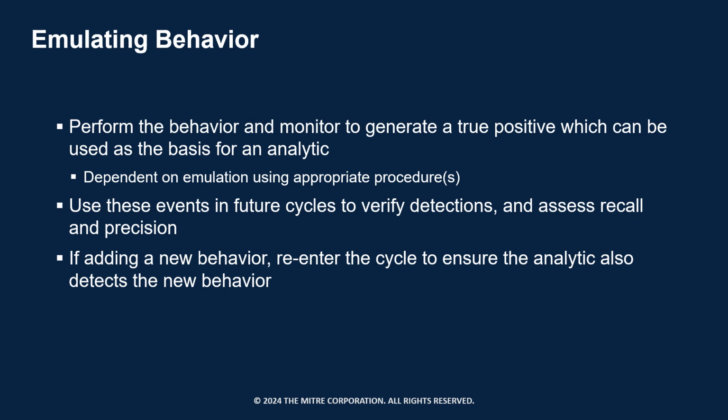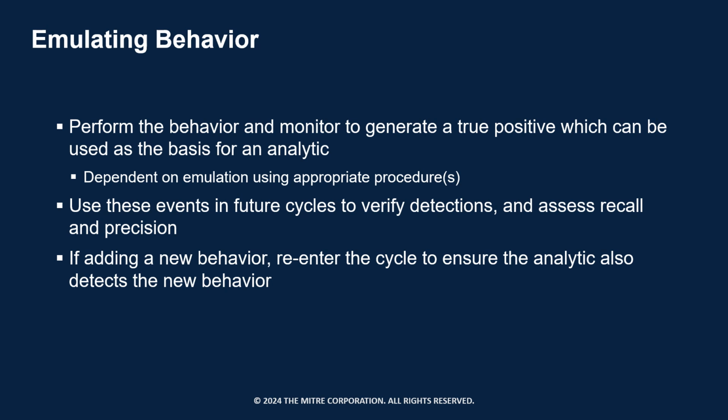When emulating behavior, we may repeat techniques we have already performed in order to validate that our analytics are still detecting previous techniques. Or we can add additional implementations of techniques to push the boundaries of our analytics and make sure they encompass all implementations, including those we may not have thought of during the analytic design stage.